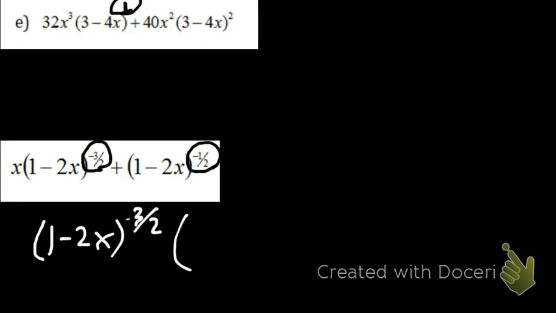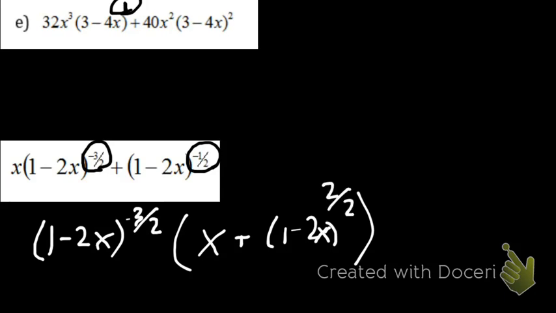And then, what are we left with? We're left with an x right there, and then a plus 1 minus 2x raised to the 1st power, because this 1 right here is really like a 2 over 2.